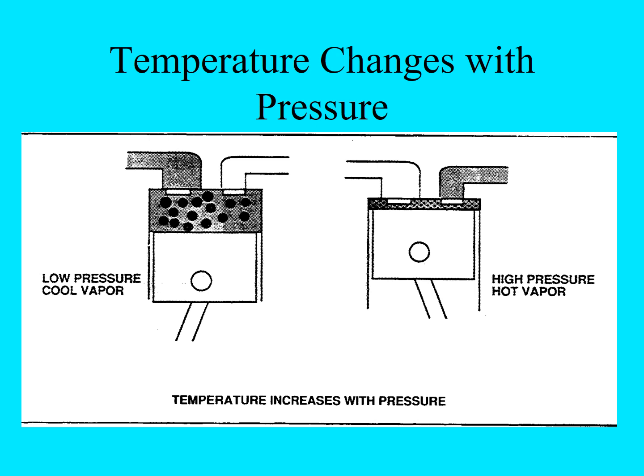So on the left-hand side, you can see we're drawing in a cool vapor, and on the other side we force the vapor out, and because of that we have a pressure increase, and so over here this is going to get hot. This is cool. This is on the inlet side. Okay, so temperature is going to increase with pressure.